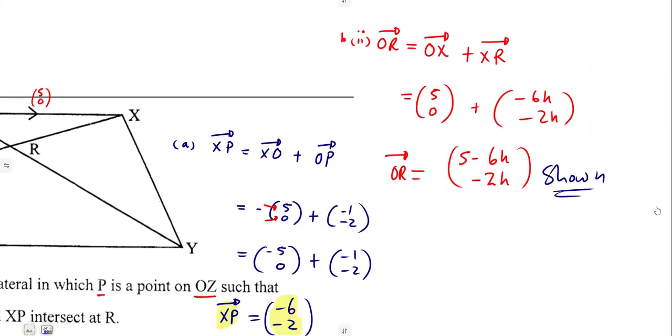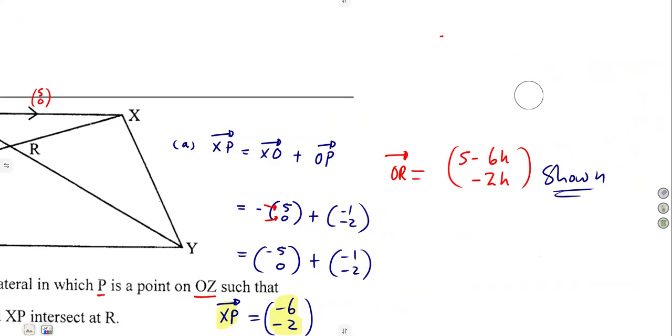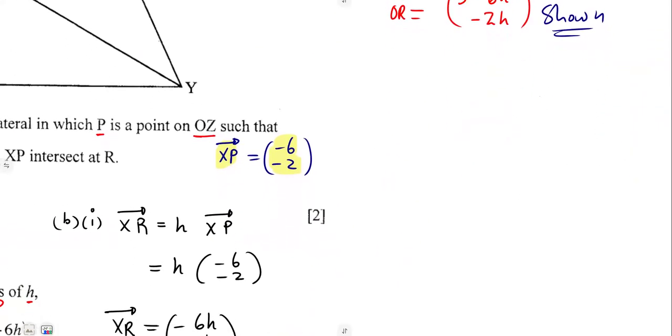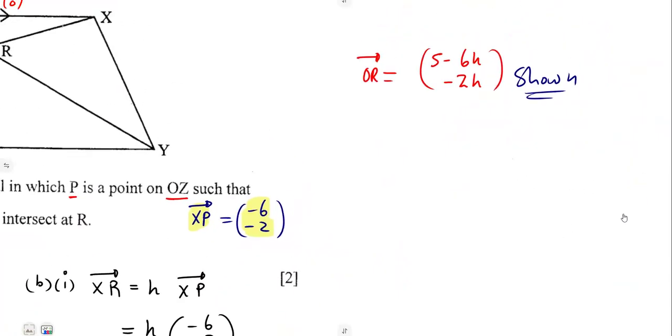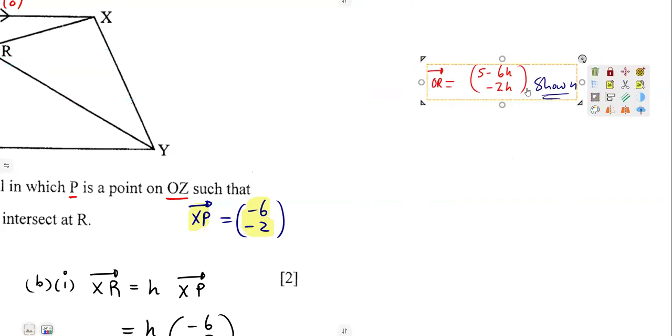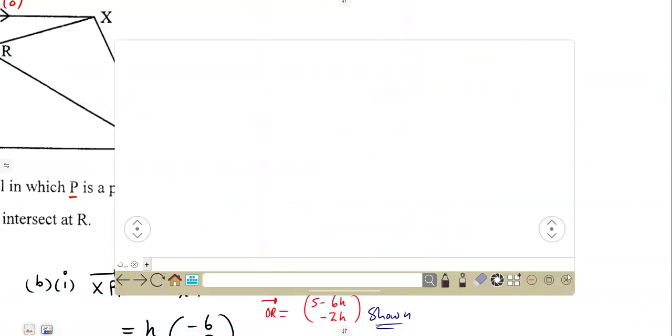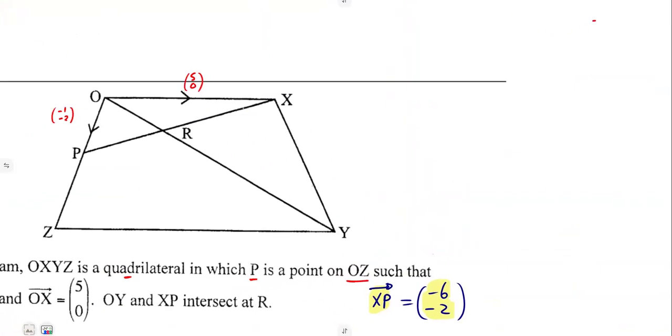So here, let me just try to minimize these ones that we calculated. I just need the answers only here. All right, so let me just take this one and put it somewhere here. Sorry for that. So let us have this condition.